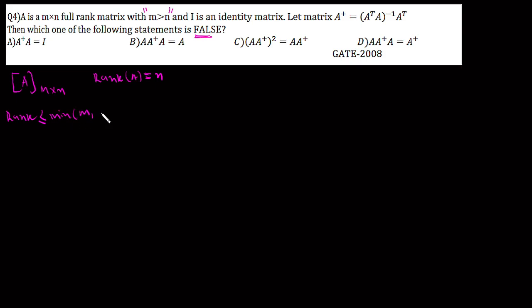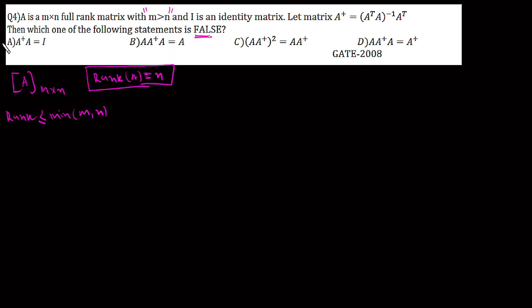Here the dimensions are M and N. The minimum of these two numbers is N, so the rank must be less than or equal to N, but here it is given that the matrix is full rank, so I can ignore the less than sign and put the equal sign, and say the rank is exactly N, and then it will have full rank.